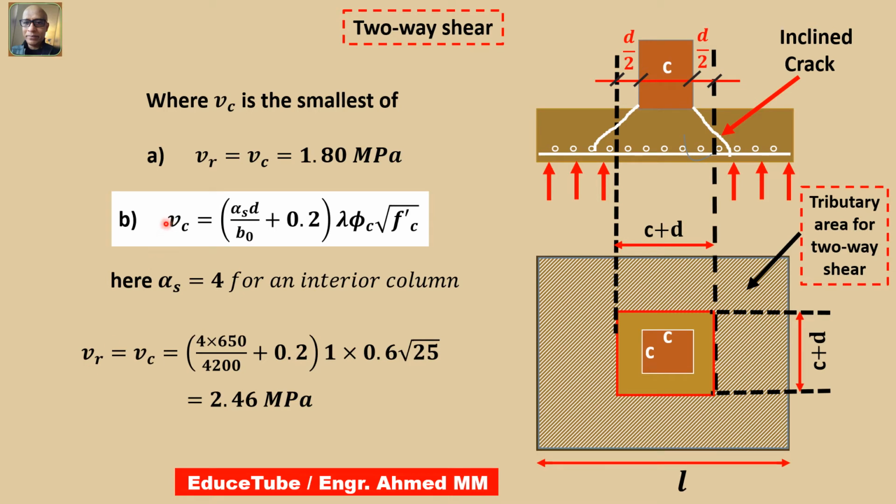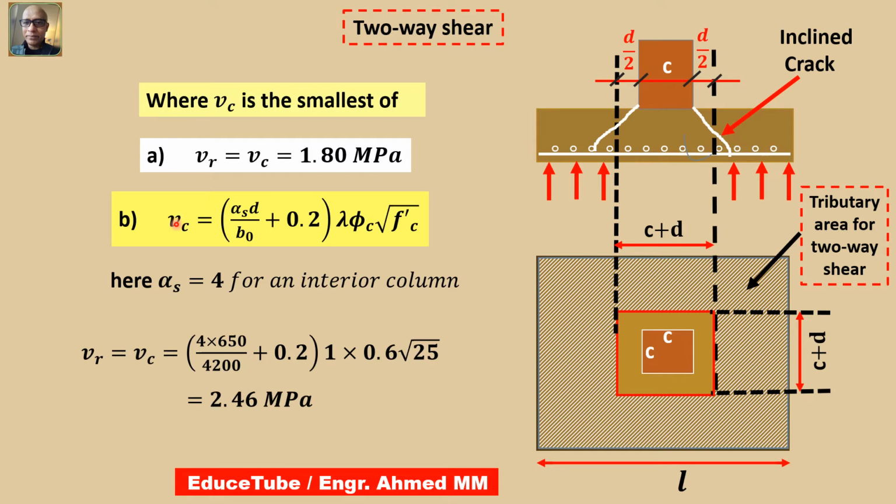So we are now in the second equation. Already we got the first one. We have to use the value for alpha s, which is equal to 4 for an interior column, as well as other parameters.